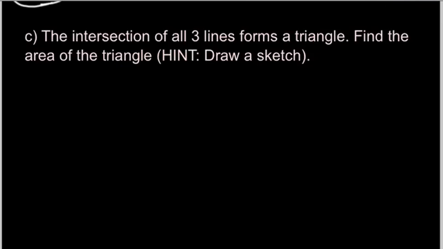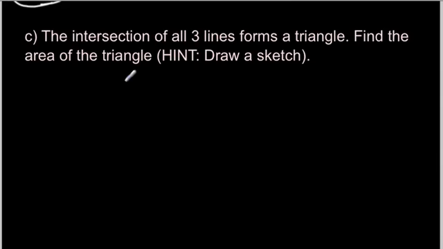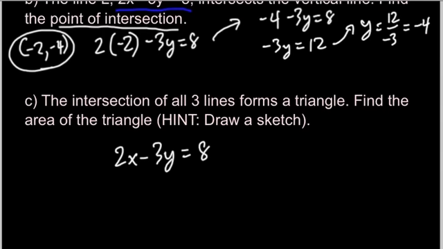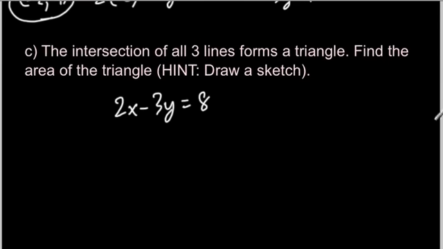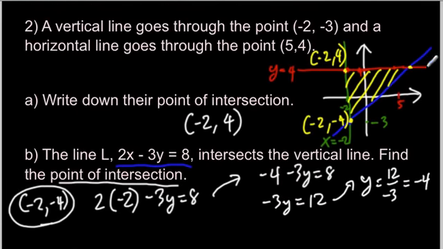So once again, our equation of the line is, what was it? 2x minus 3y is equal to 8. It was 8 or -8? It was 8, yes. And we said that we want the horizontal line, so we want to find where the horizontal line intersects. So y is equal to 4, that's the horizontal line.